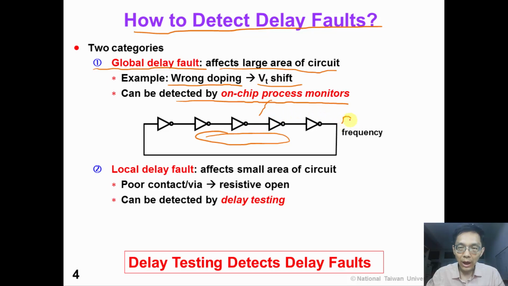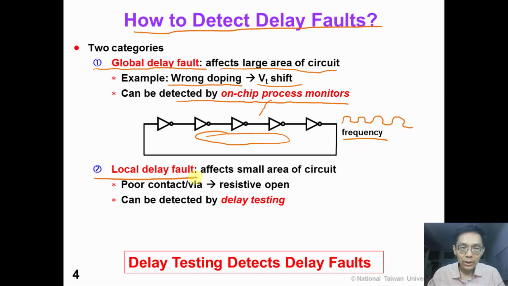We can measure the output oscillation frequency to determine whether this chip has a global delay fault. If the output frequency is lower than our expected value, then we may suspect that this chip has a global delay fault problem.